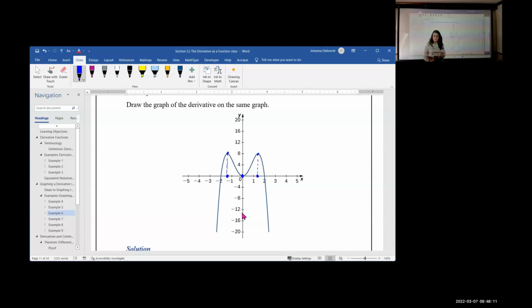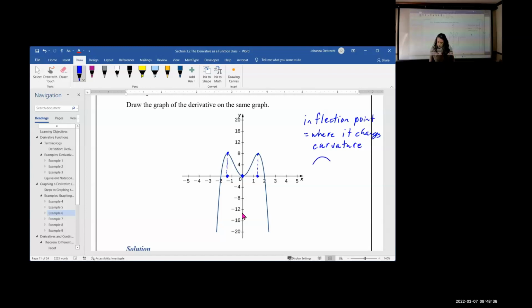Now, what is an inflection point? An inflection point is where it changes curvature. And we haven't studied curvature yet, but we will be. But we can introduce the idea here. Curvature.